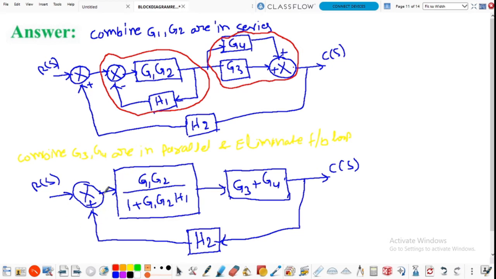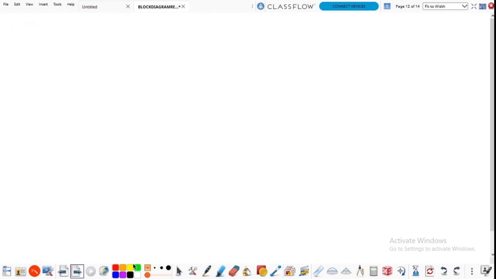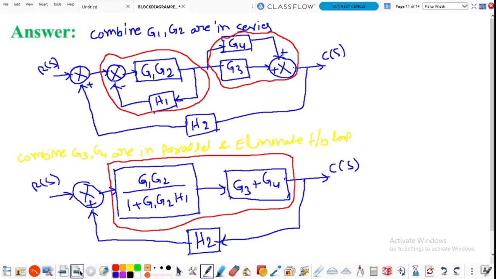So combining these two blocks, we get G1 G2 by 1 plus G1 G2 H1 into G3 plus G4.